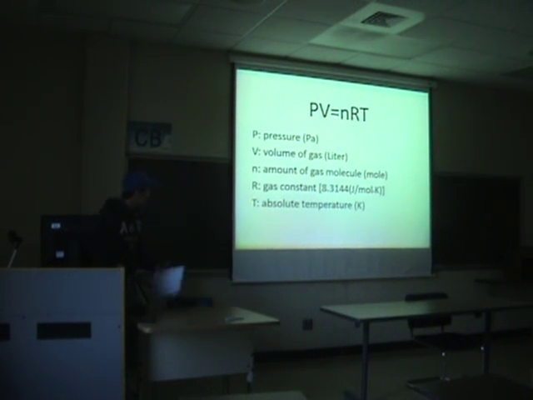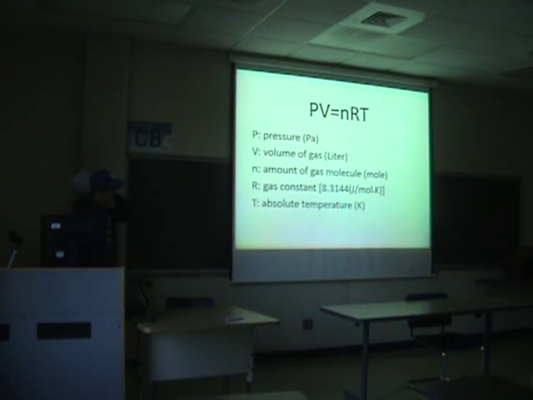Next, R is the gas constant, which, like I said, is just a constant defined from experiment, and T is temperature. But the temperature here is quite different from the temperature we know in our life. Usually we use Celsius or Fahrenheit, right? But in the science field, we usually use absolute temperature, Kelvin, where K stands for Kelvin.